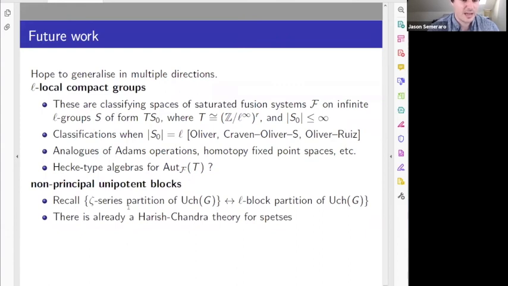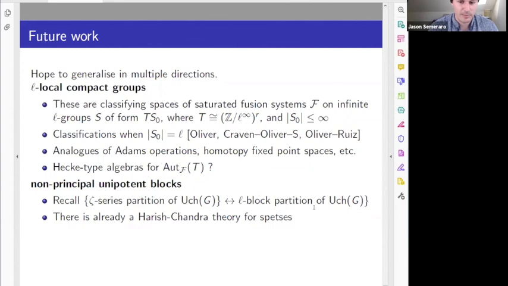A second direction I want to touch on briefly is the notion of a non-principal block. We talked only about principal blocks today, but we have this parameterization of the unipotent characters of a Spets in terms of these zeta series partitions, which works just as well for Spetses as it does for groups. So that should correspond to some L block partition of the Spets.